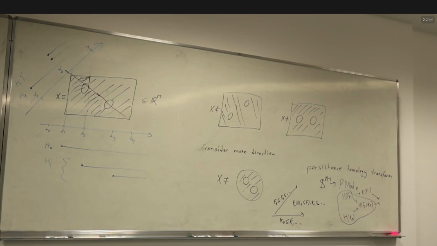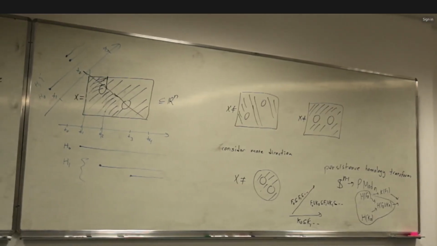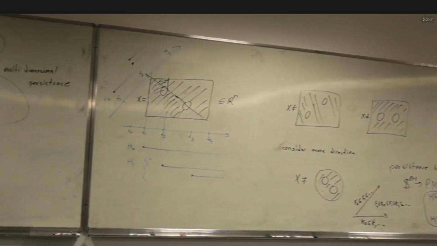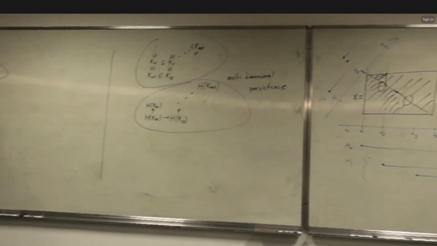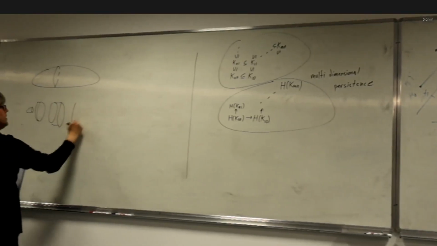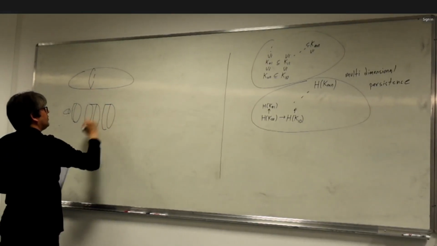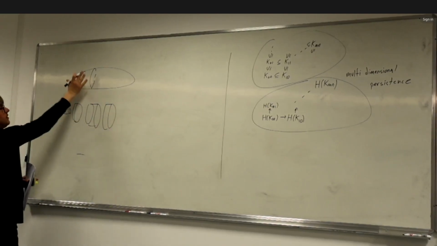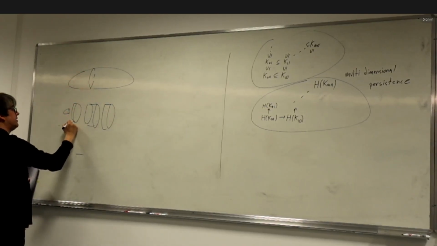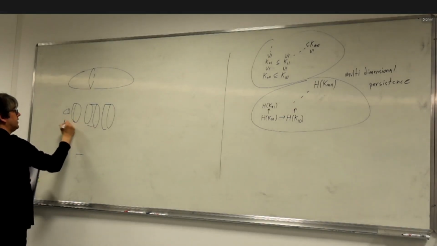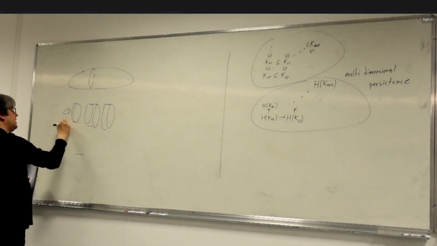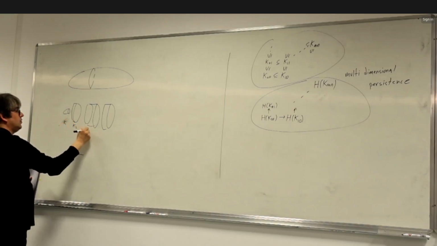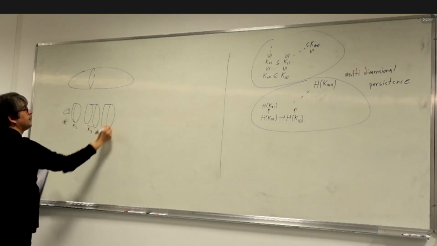You could have an object that looks like this, a sphere, and then you can, for example, just divide this sphere into some cylinders. So let's say the union is this, and this is K1, K2, K3, K4.